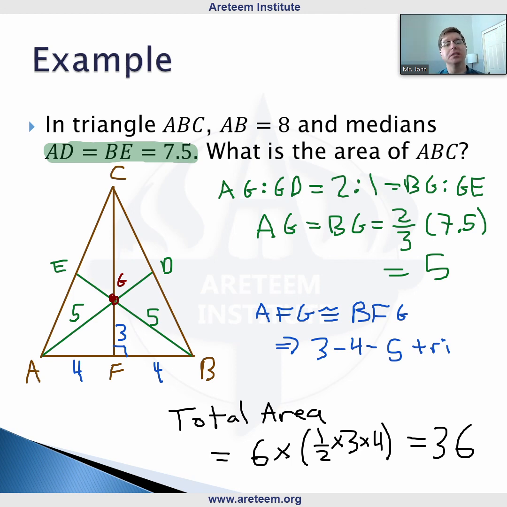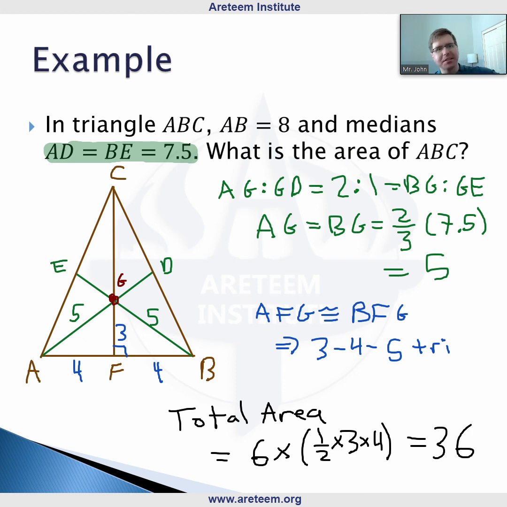So you could use this property then where once you find one area for the 6 triangles, even if they're not all congruent, they all have an area of 6, and that gives us our answer from there. So this is a good way to practice these last 2 facts we had for centroids.